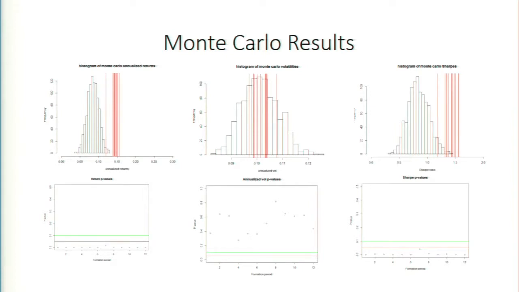And so taking the Monte Carlo results, since I'm going with the top 6, I take 6 random assets every month and do 1,000 different permutations and compare them. So as you can see on the left, the momentum returns are wildly better than the Monte Carlo. The volatility is comparable, and the Sharpe ratio is definitely out to the right tail.